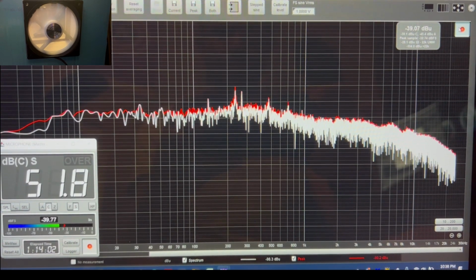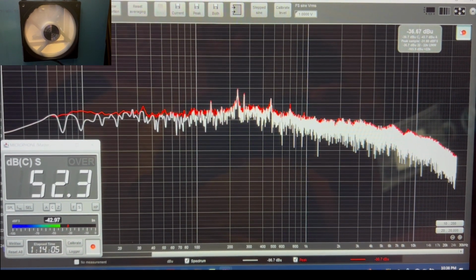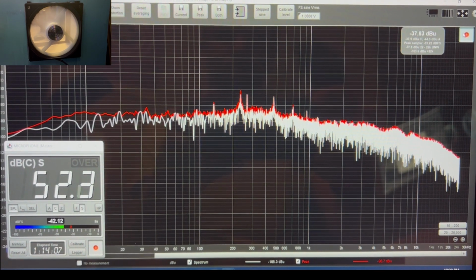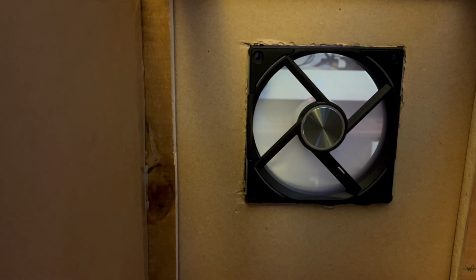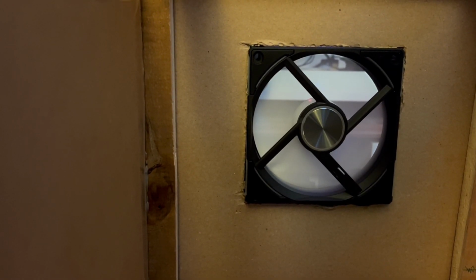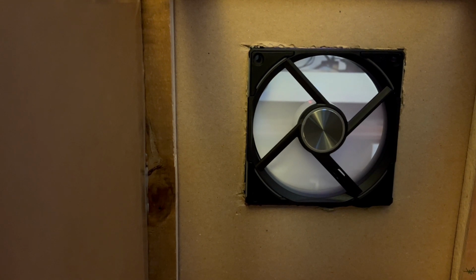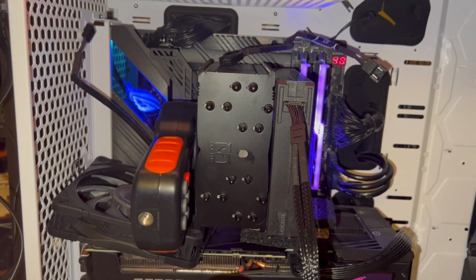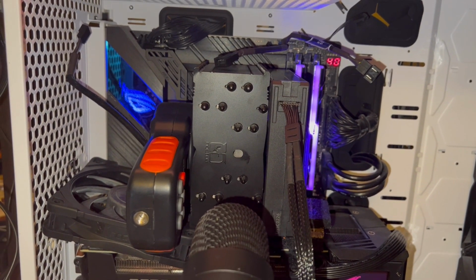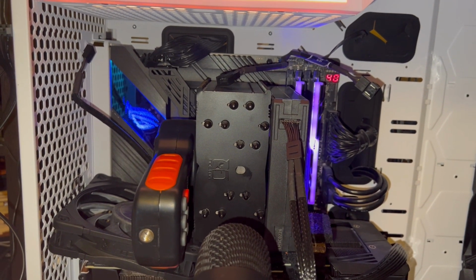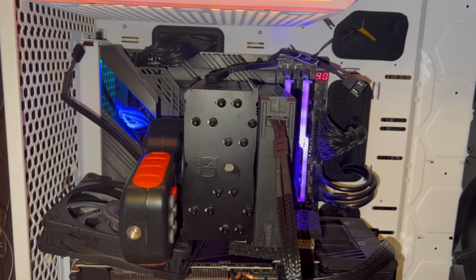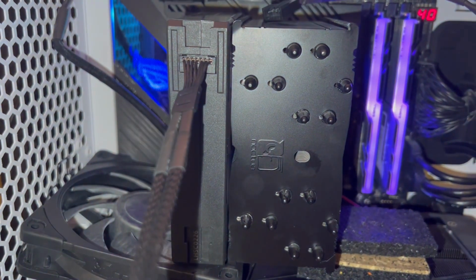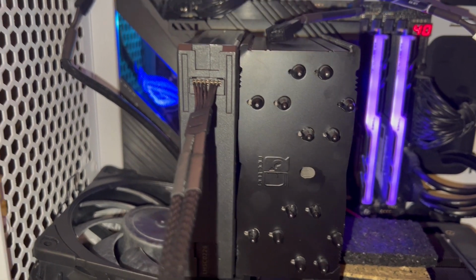Lian Li AL120v2. AL120v2 test. AL120 pull config.